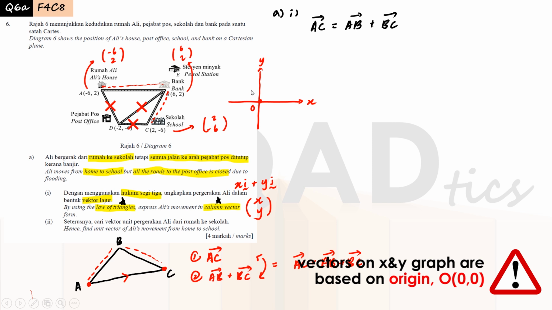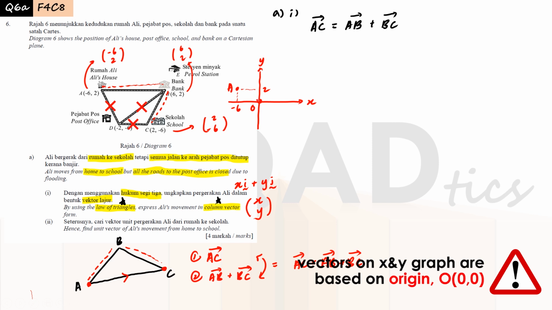So for example, the position of Ali's house. Let's say I plot it in this diagram, and here is point A, this is the x coordinate, this is the y coordinate. For vectors, we use the origin as the base or reference.